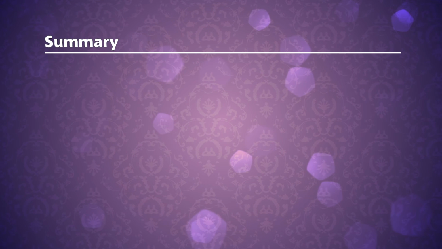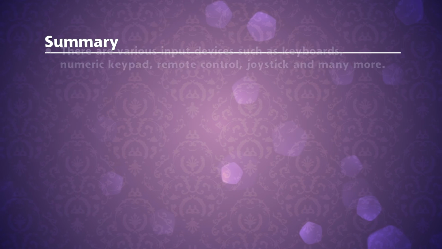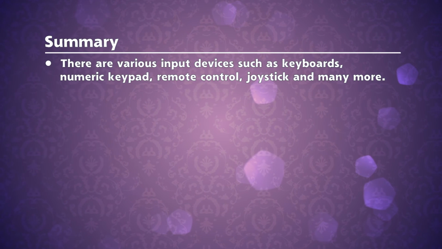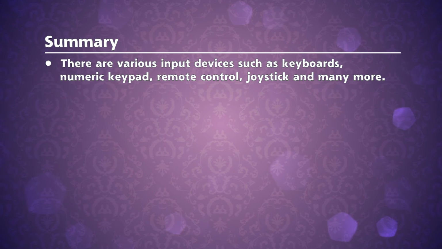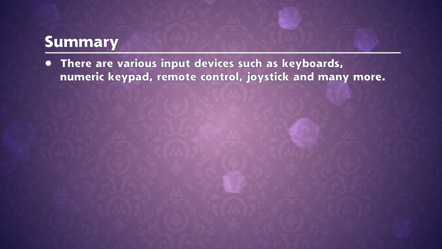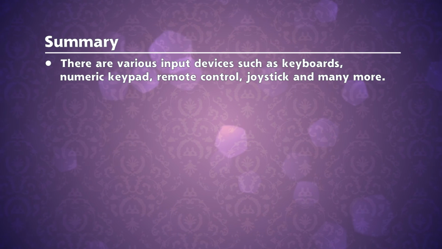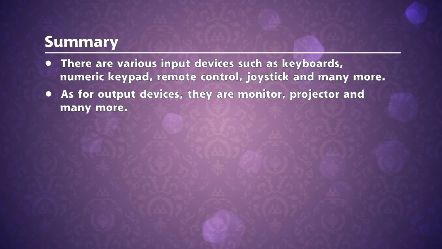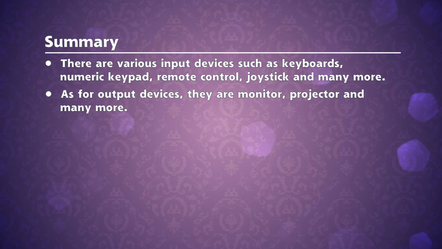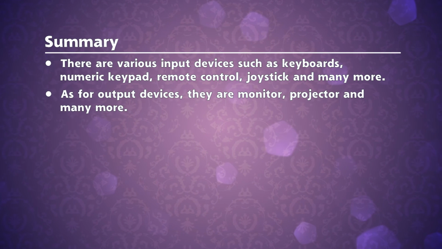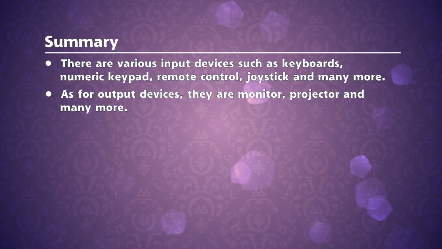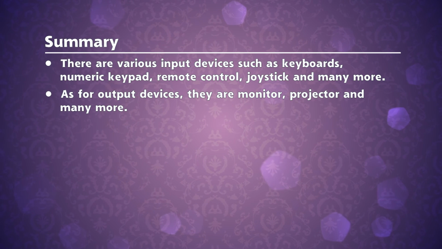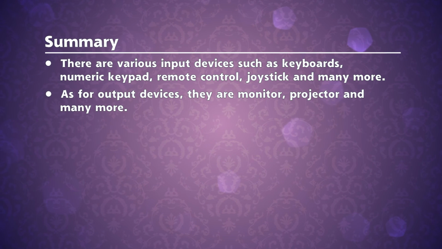Now, before we end the video, let us summarize what we have learned today. We have discussed various input devices such as keyboards, numeric keypad, remote control, joystick, and many more. We have also discussed output devices such as monitor, projector, and some very advanced ones.